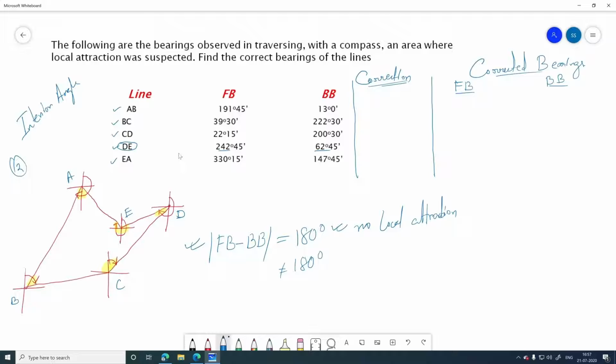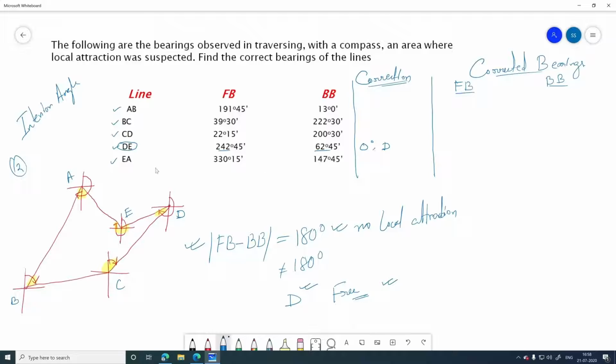So as the difference is 180 degree, station point D is free from local attraction. So no correction is required. You can write at the line DE, 0 degree required at point D, because at this point there is no requirement of correction.